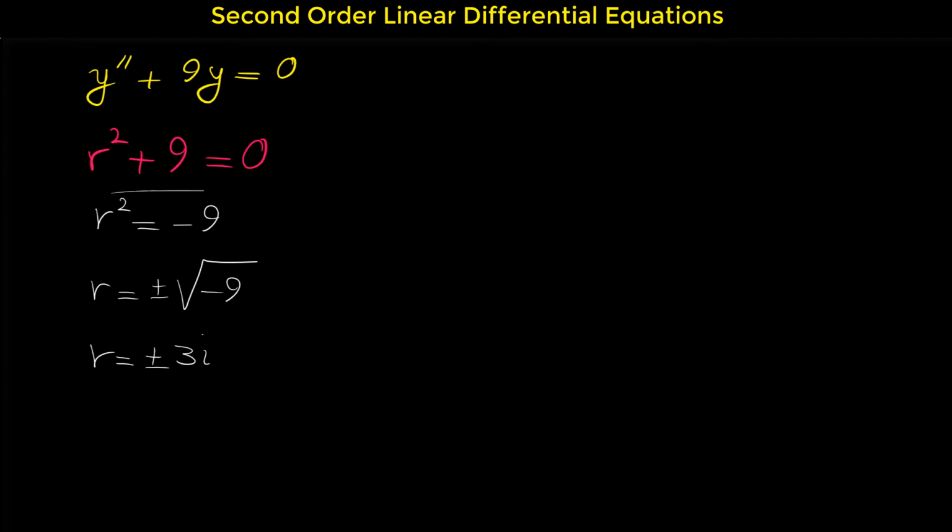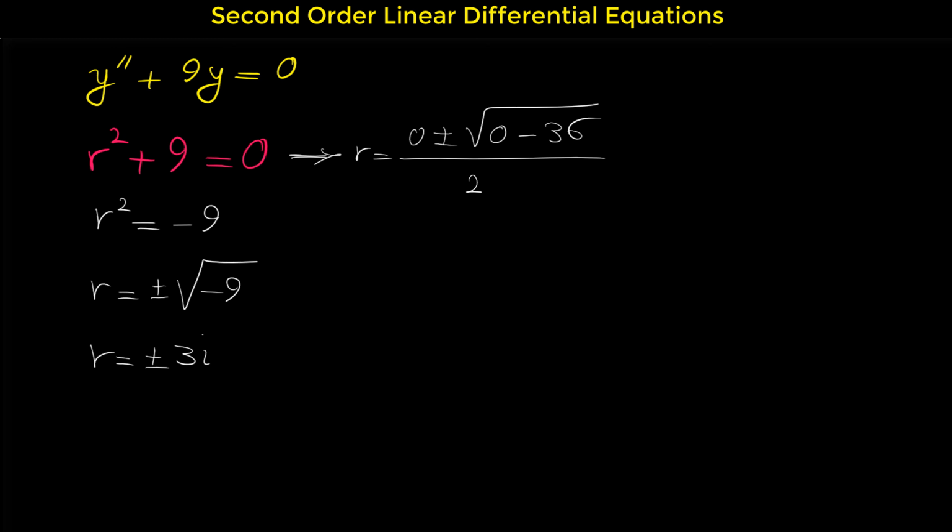The other way that you can solve this is to use the quadratic formula. The quadratic formula always works. r equals negative b. We don't have any b here, 0, plus minus the square root of b squared, which is 0 again, 0 squared is 0, minus 4 times a times c. 4 times 1 is 4, times 9 is 36.